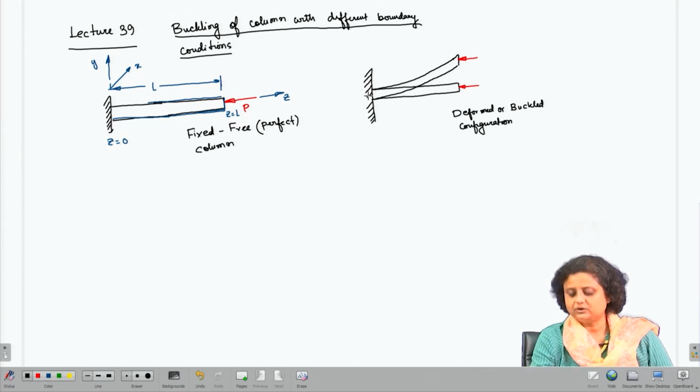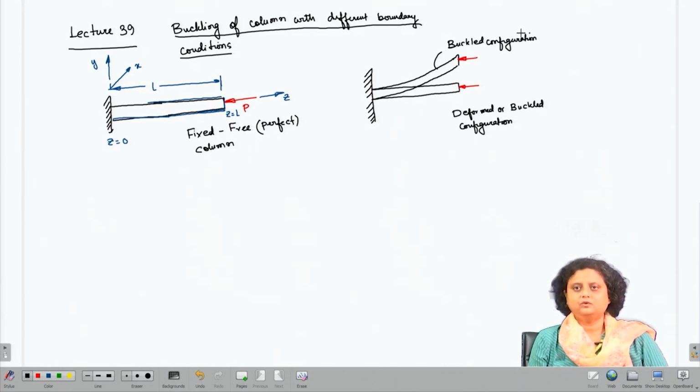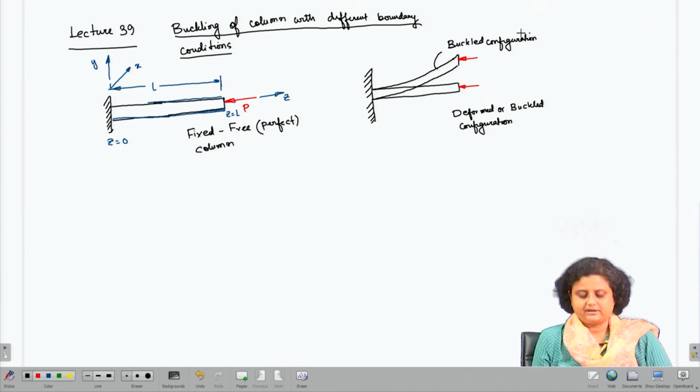This is the actual column and this is the buckled configuration. Now, we will try to find out the critical buckling load for this column with a fixed free boundary condition.